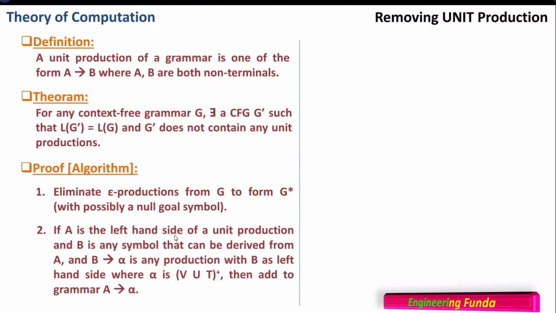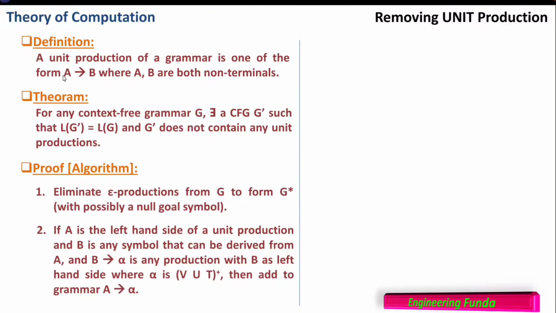If A is on the left hand side of the unit production and B is any symbol that is derived from A and B tends to alpha is any production with B as the left hand side where alpha is in (V union T) whole plus, that is the positive closure of variables and terminals, then add to the grammar A tends to alpha.